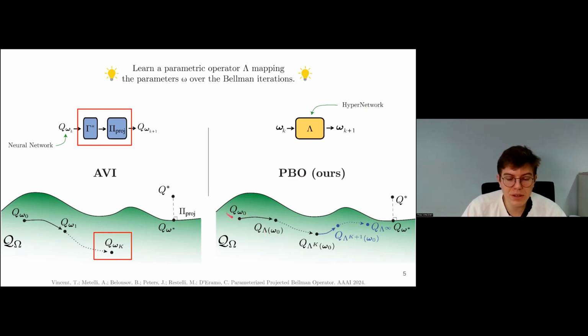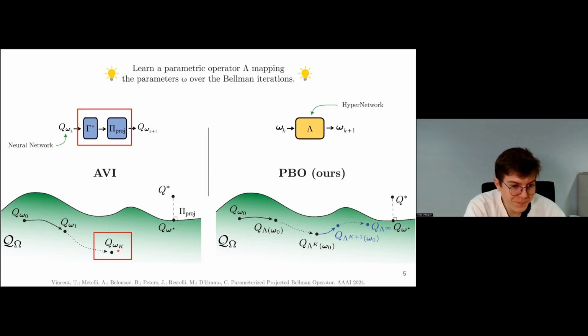At first, we would start with the same Q function, but then we would iterate over this hypernetwork to reach the first weights of this supposedly iterated Bellman iteration. And then we continue to iterate it, and we would stop at a certain point during the training.